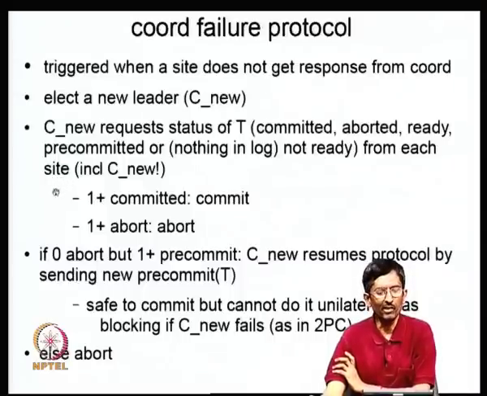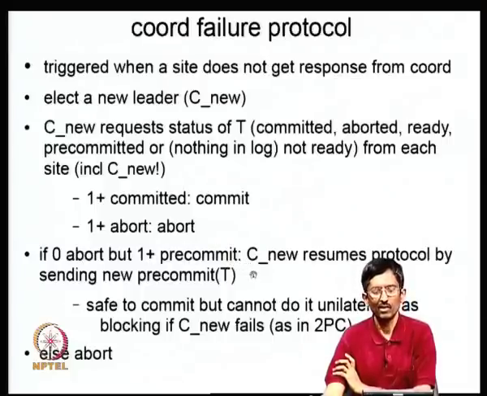So if one or more guys have committed, that means that it actually was committed in the past, so you can go ahead and commit it. If one or more guys says abort, then you have to abort it. If there are no aborts, but at least one pre-commit, this is an interesting case.